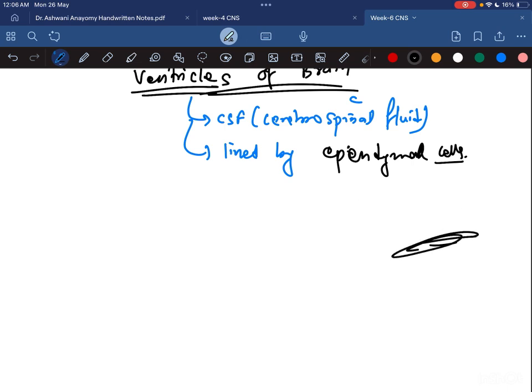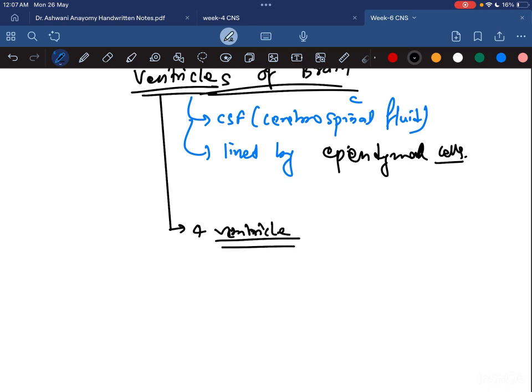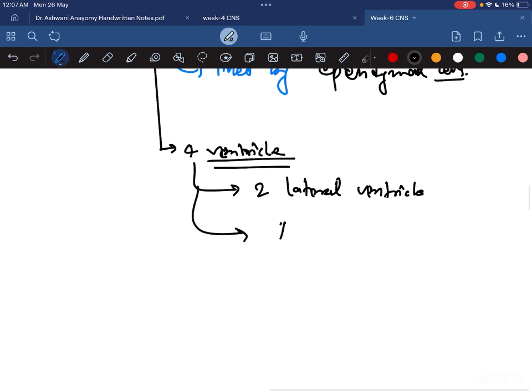Now moving on to the ventricles. There are four ventricles. How many ventricles? Four. There are two lateral ventricles, then one third ventricle, and the last one is the fourth ventricle.